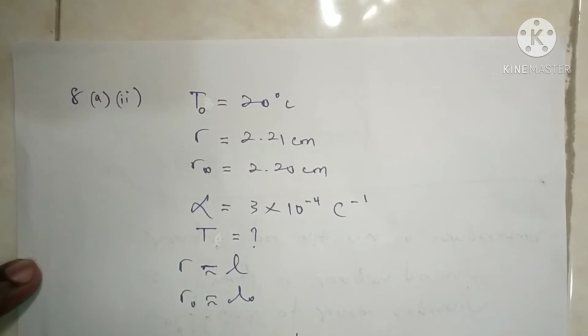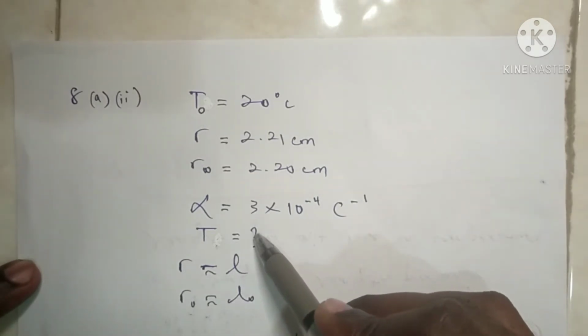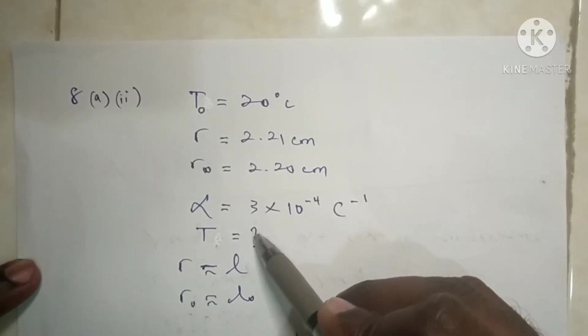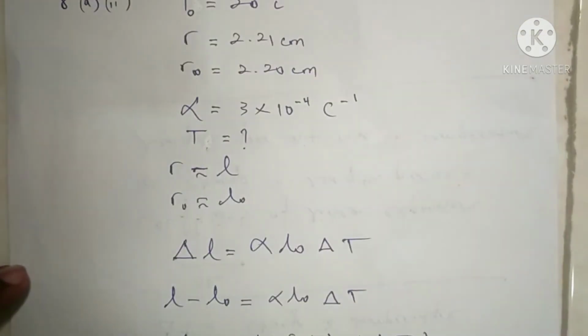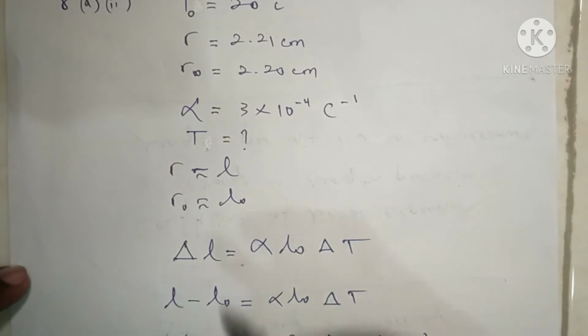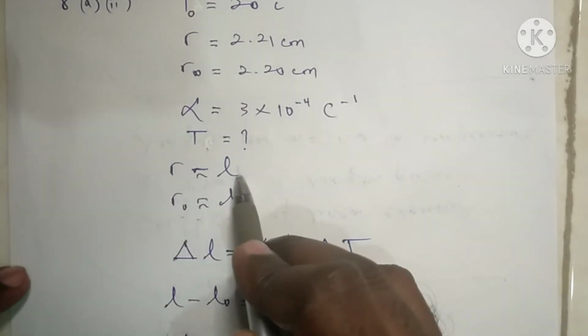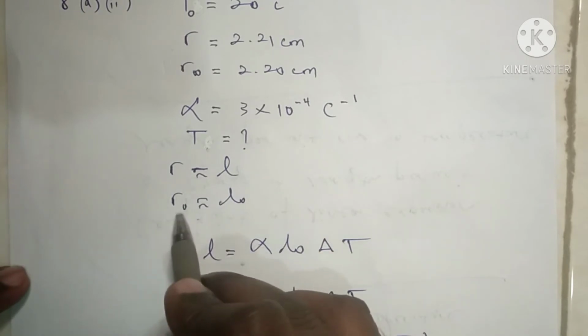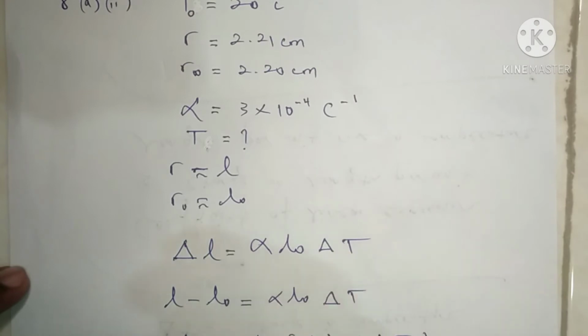The question is to what temperature must the frame be heated so that a lens of radius 2.21 centimeter fits the frame. Again, we have two options to find this temperature. For option 1, we assume the final radius is the length and the original or initial radius is the original or initial length.